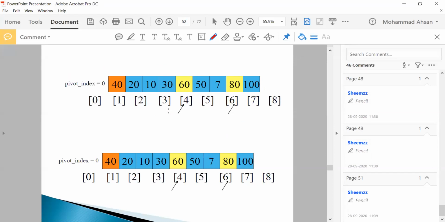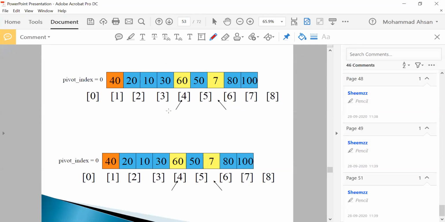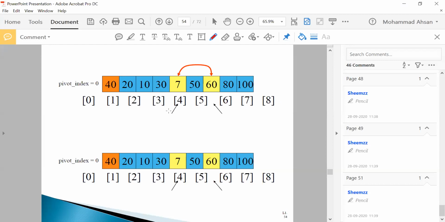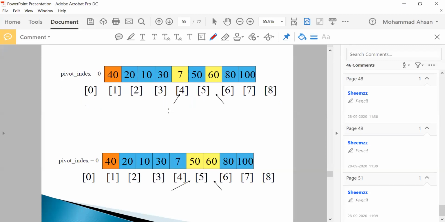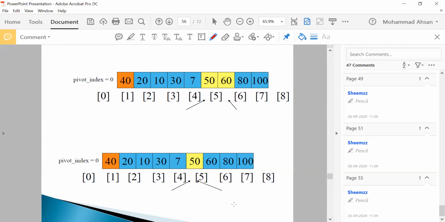Then again it gets stuck on 60 since it is greater than 40, and the right one gets stuck on 7 as it is less than 40. So again we'll swap the two. Then again the left pointer will move ahead to 50 and the right pointer will also move ahead.